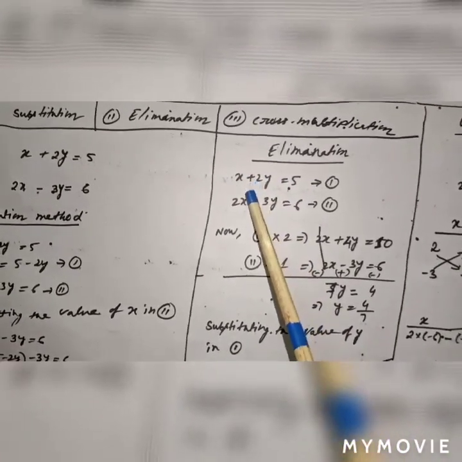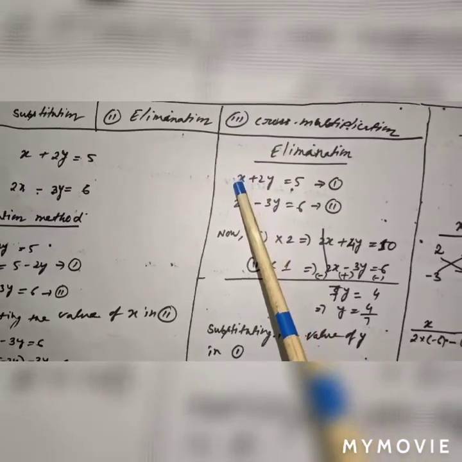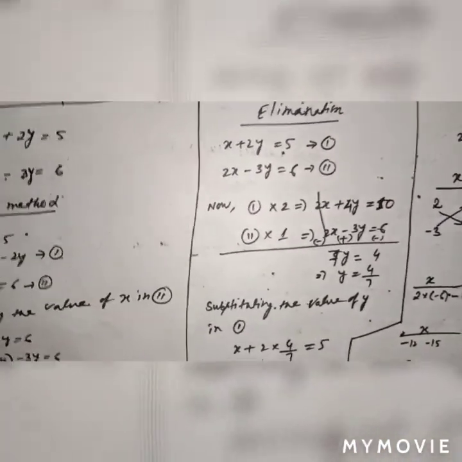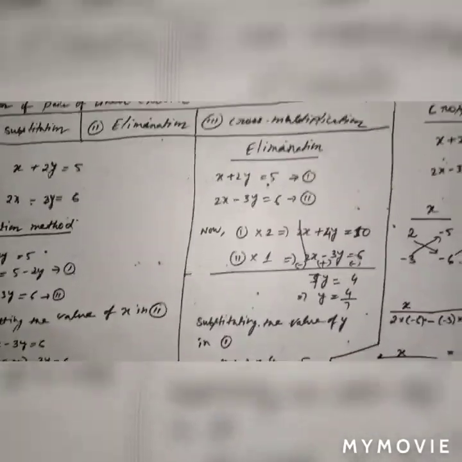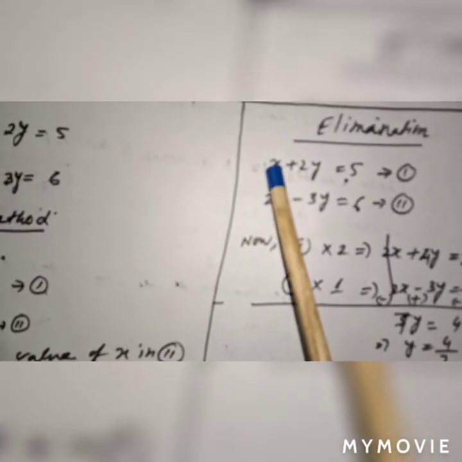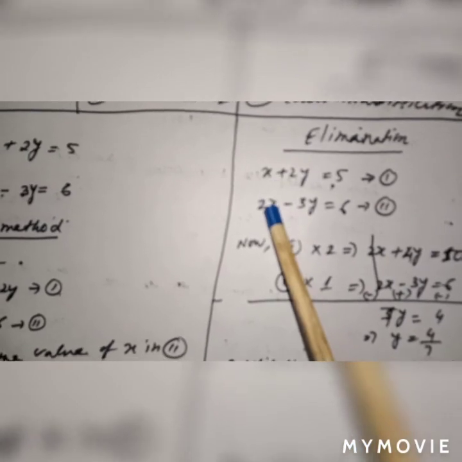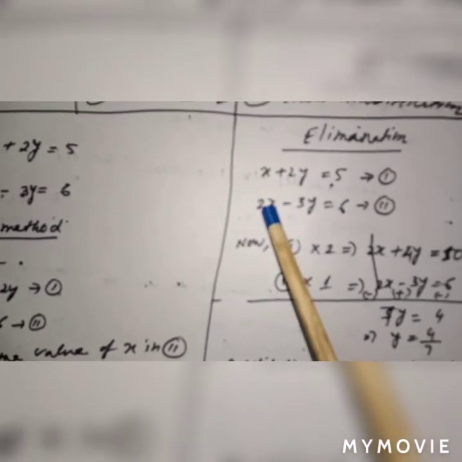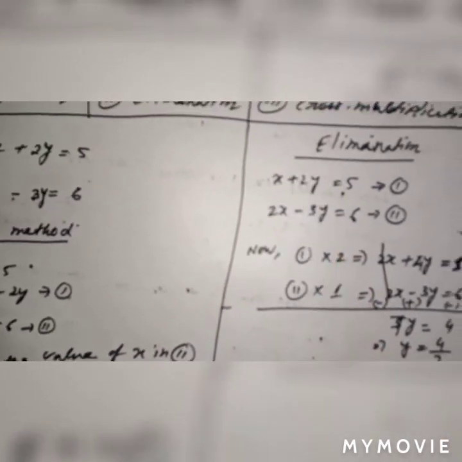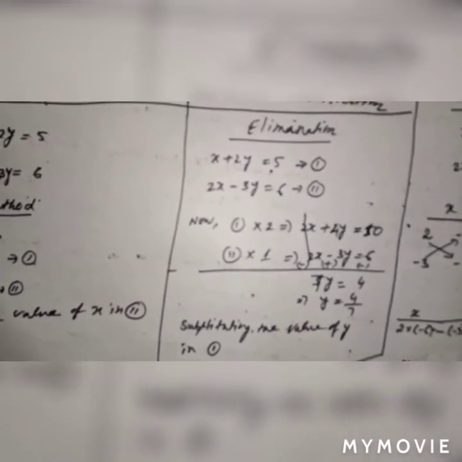You have to make the terms related to x or related to y the same. Either for x or for y, you have to make them equal in both the equations.